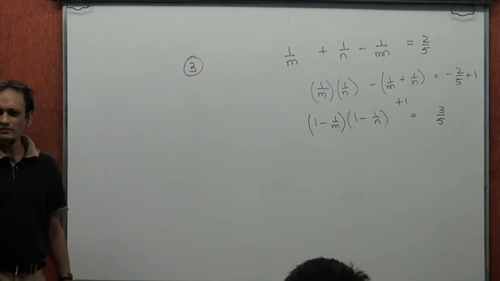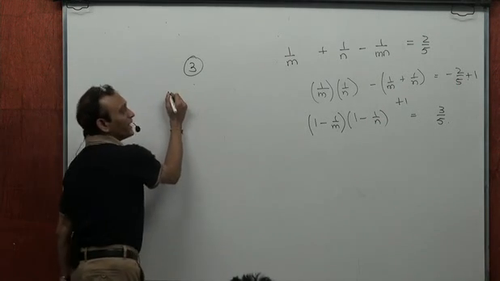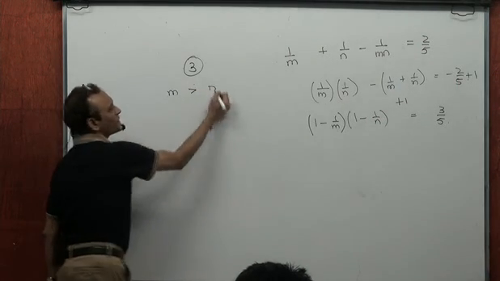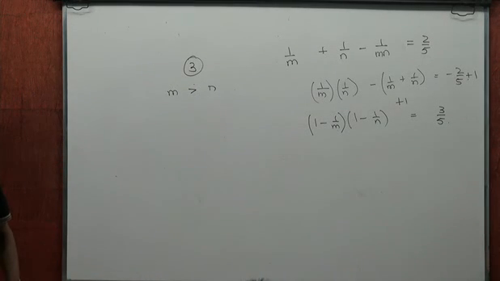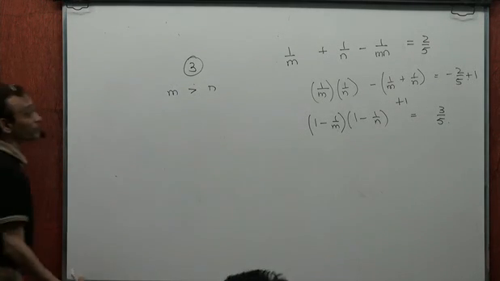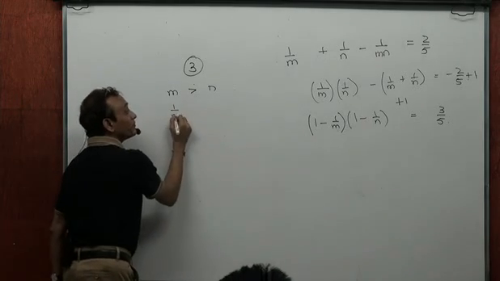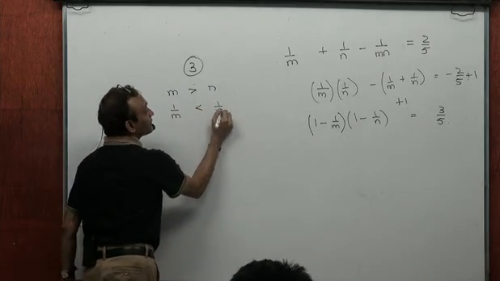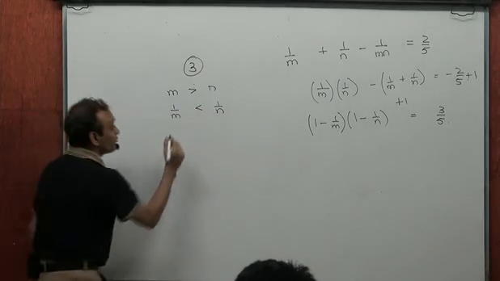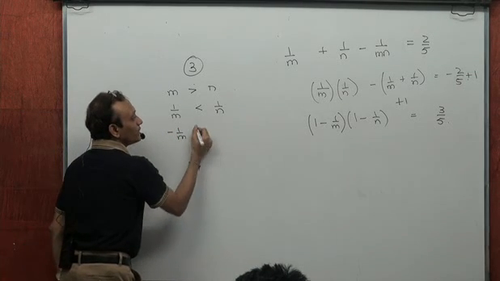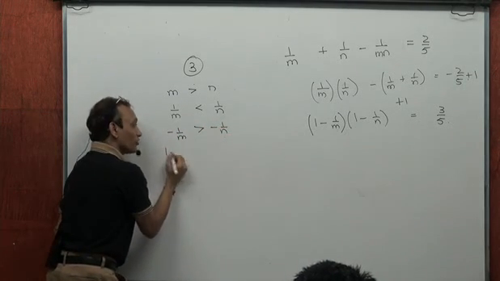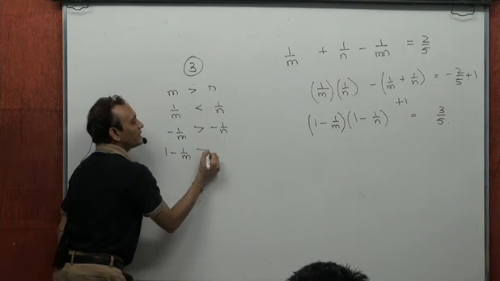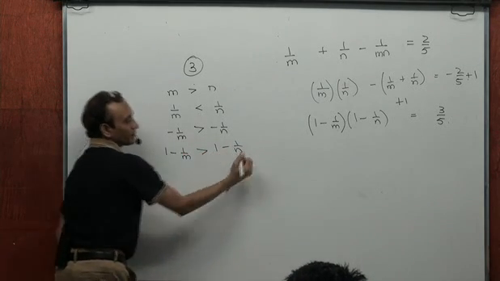Difficult? No? Okay. But if they are distinct, let's say one of them is larger than the other, say m larger than n. So 1 by m will be smaller than 1 by n. Therefore, minus 1 by m will be greater than minus 1 by n. Can I say this? Therefore, 1 minus 1 by m will be greater than 1 minus 1 by n.